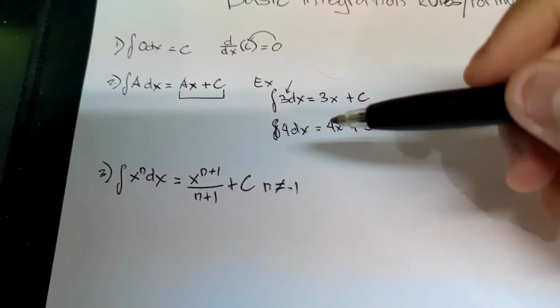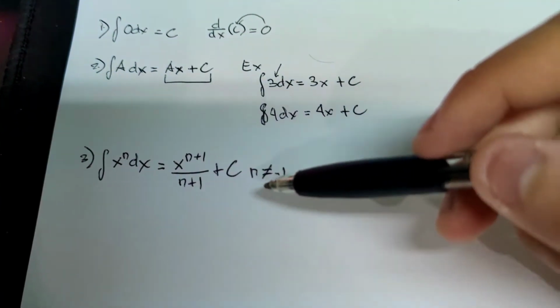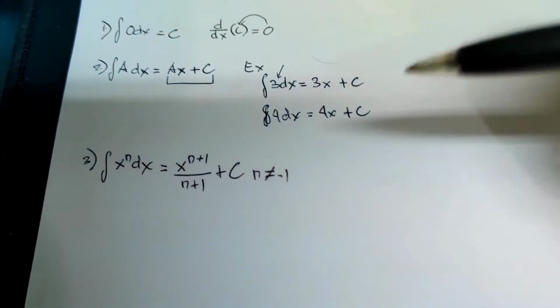So what you do is you add 1 to the exponent, then divide by that number, then you add c. This formula is only valid if n is not equal to -1.